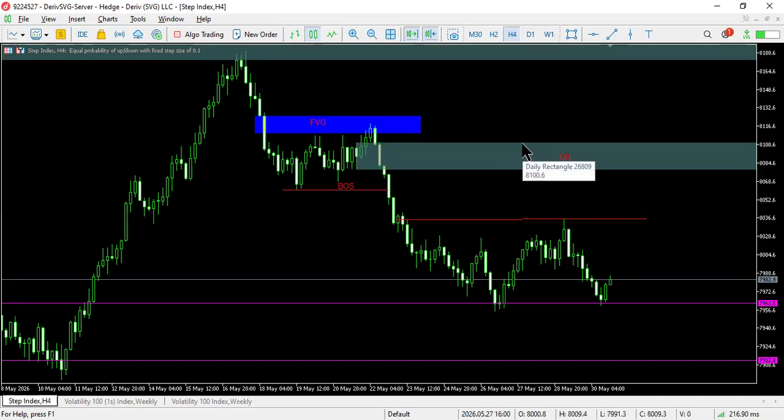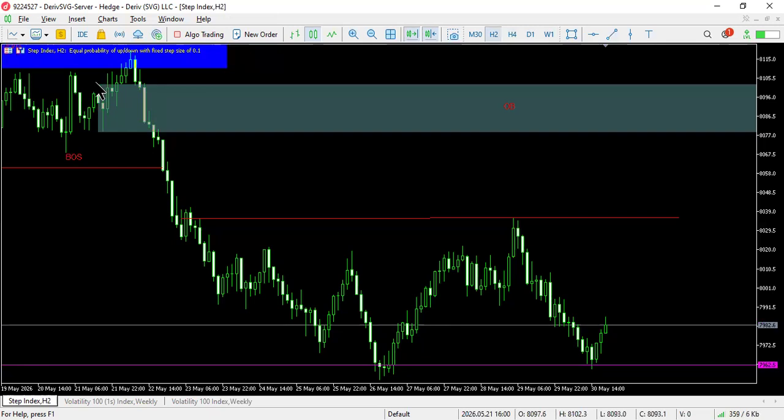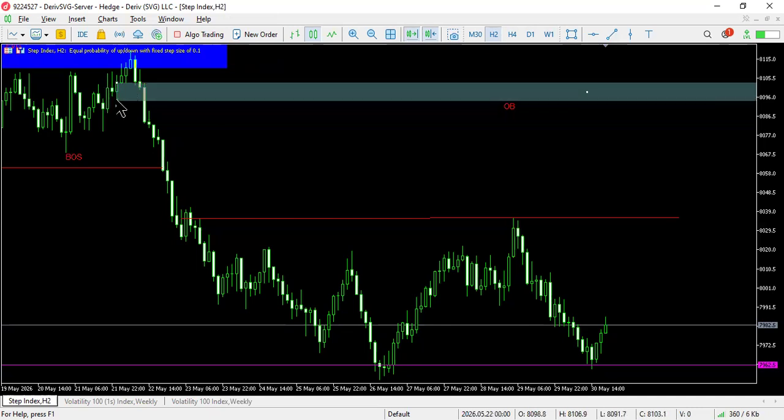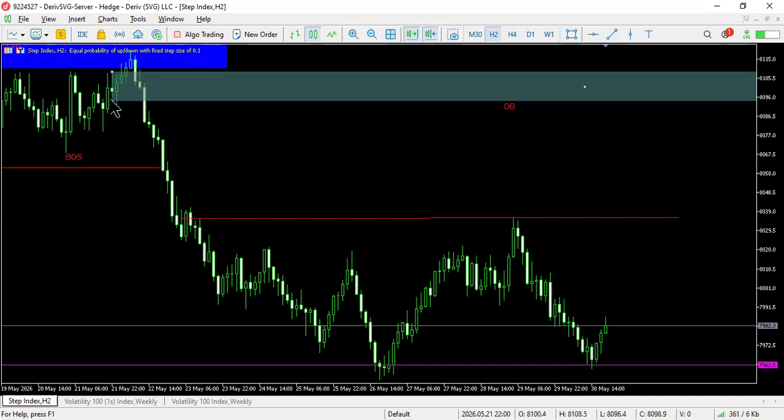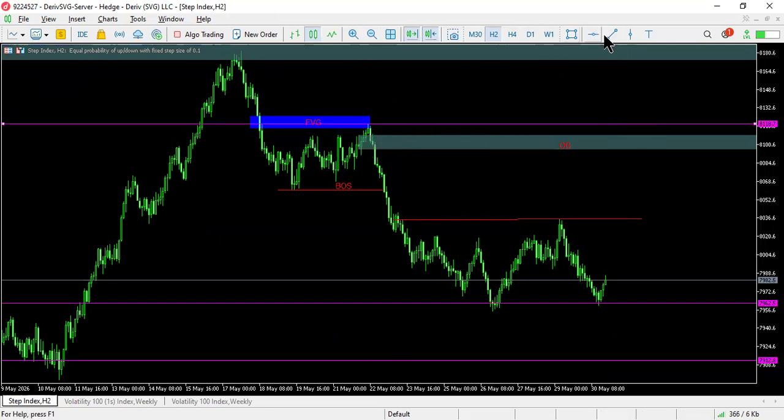Heading over to my entry time frame, which is the 2-hour time frame. From the 2 hours time frame, my order block will be at that level right there. Now, the coordinates for the sell limit.